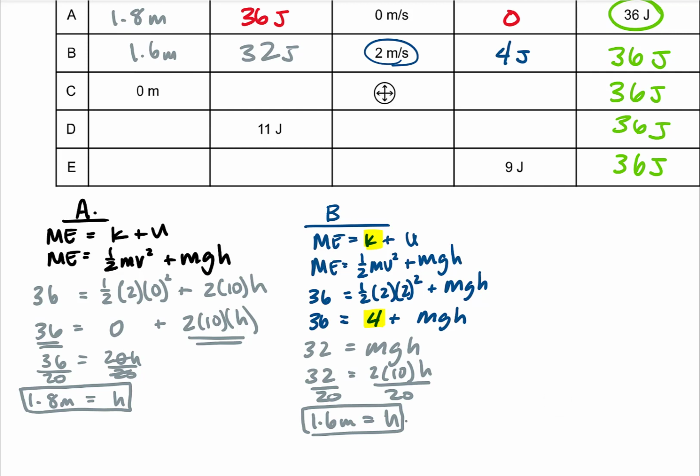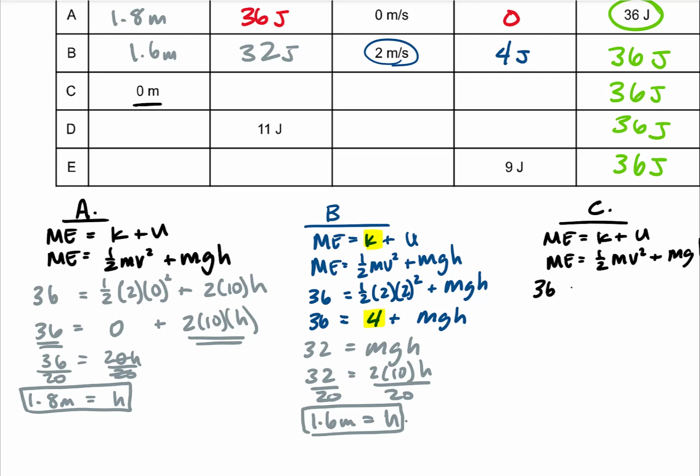For point C, things are a little bit different. At C, we're still starting the same way. Mechanical energy is kinetic energy plus potential energy. Mechanical energy is 1/2 mv squared plus mgh, but they give me information about height this time.